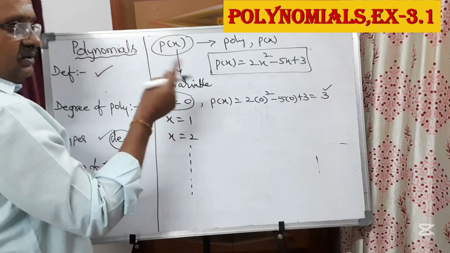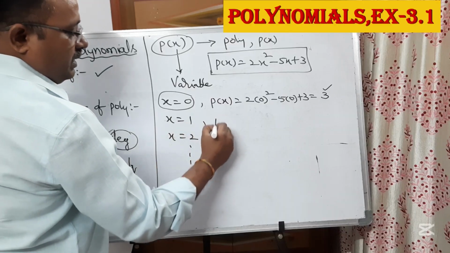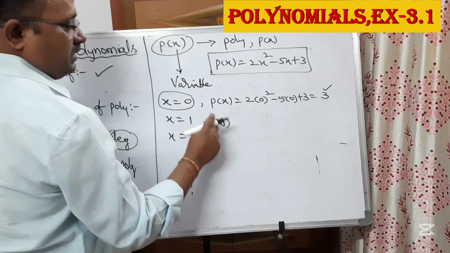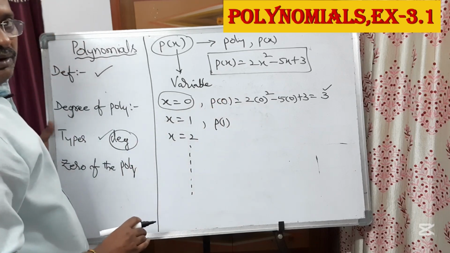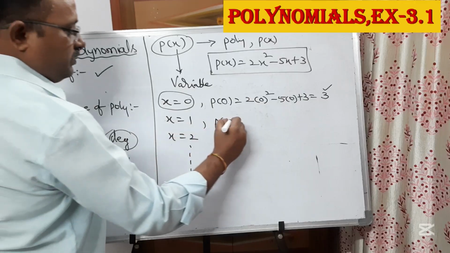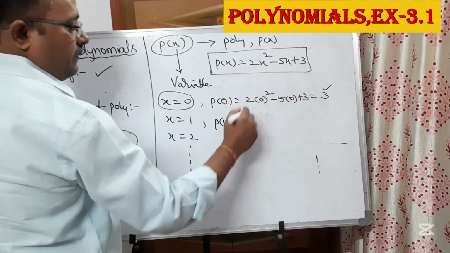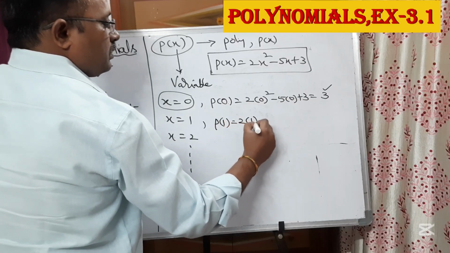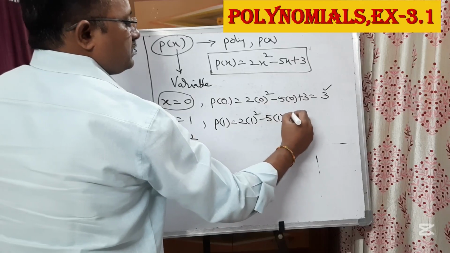If the variable value changes to 1, x value 1, then the polynomial value will become p of 1. So p of 1 is equal to, substituting x value 1, 2 into 1 square minus 5 into 1 plus 3.